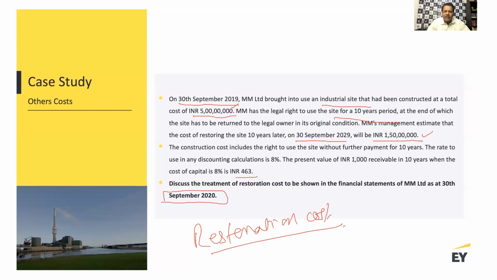There are several examples of this type that we see very commonly, and you need to be very clear about how you account for this at the time of initial recognition. Try and understand, we are talking here about initial recognition. How much do I need to capitalize at initial recognition, and then how do I deal with subsequent measurement?